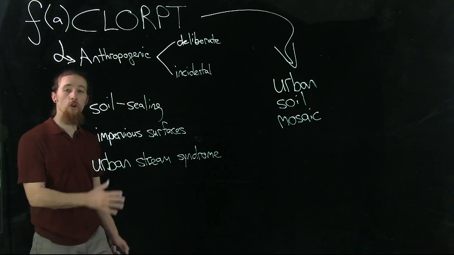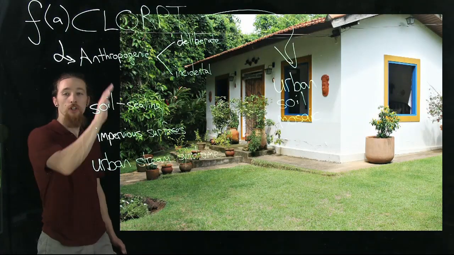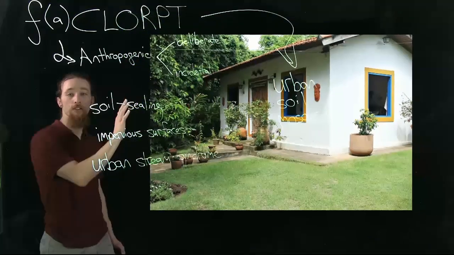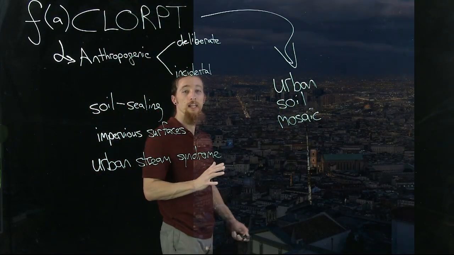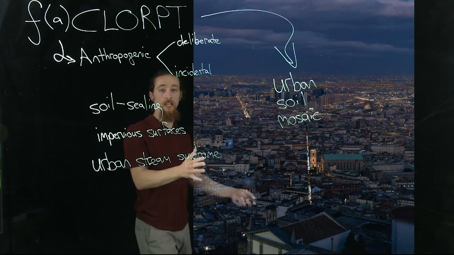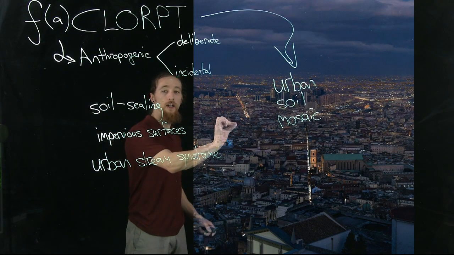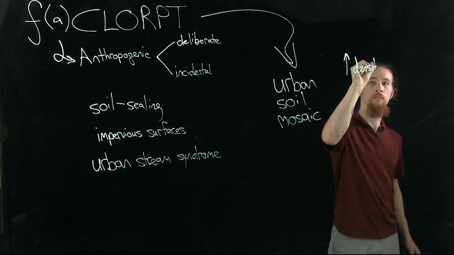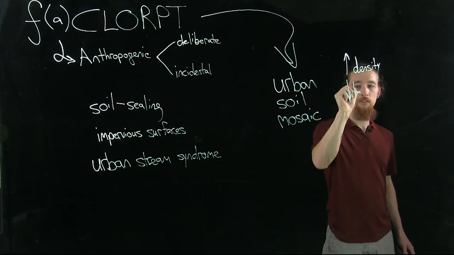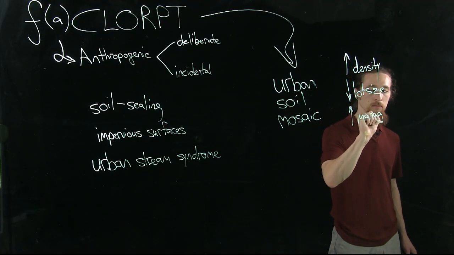So the urban soil mosaic says that as density increases, your lot size decreases and decreases, and then you have this full city. And so gone is the time of having this big yard, very, very small. And so as density increases, your lot size decreases, and the number of managers increases.